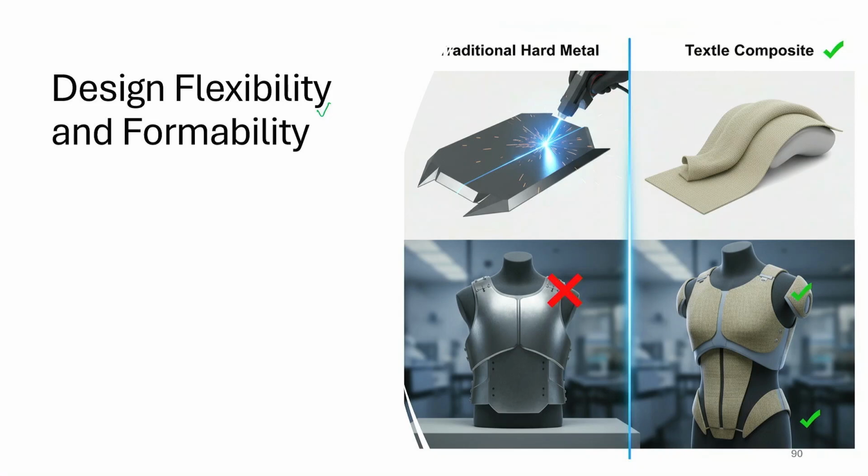For hard metal to form this type of armor is very difficult, with different sizes and all this, but for textile composite it is very simple because of its flexibility, we can make this type of body armor easily. So, formability is easy due to the flexibility of the material.